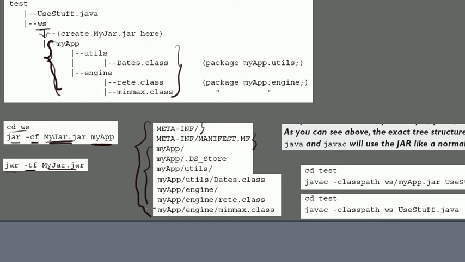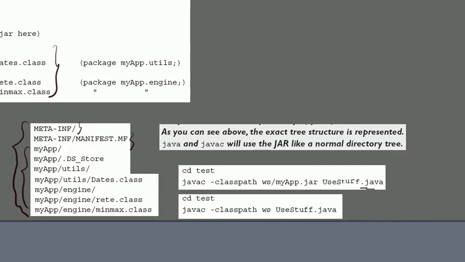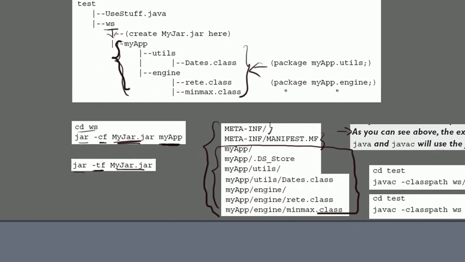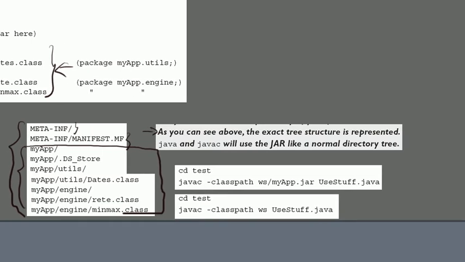What should be noticed here is that the exact tree structure is maintained. This is what you have within your implementation folder, and the same tree structure is maintained as it is.